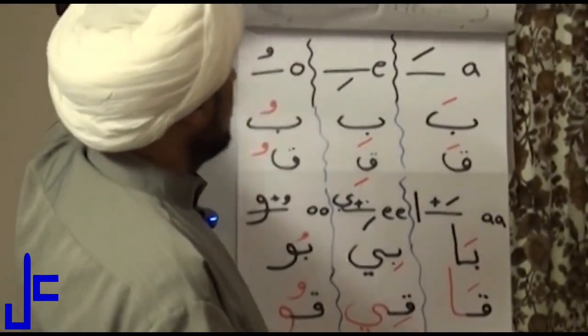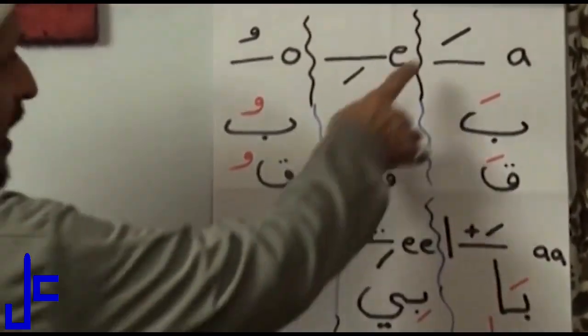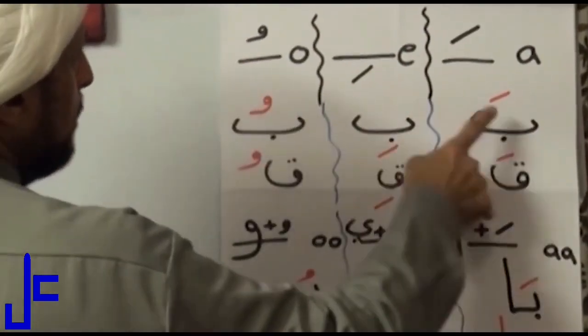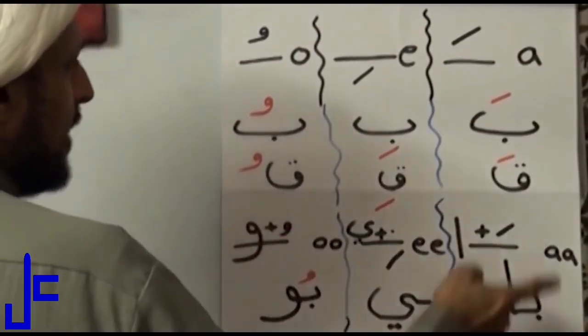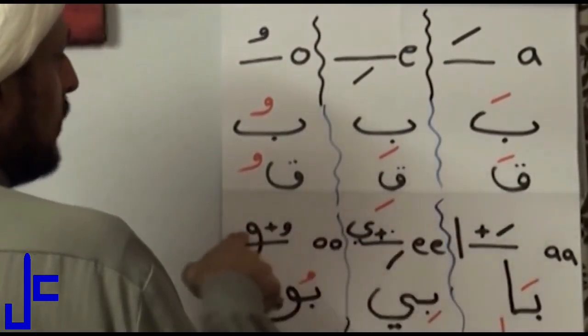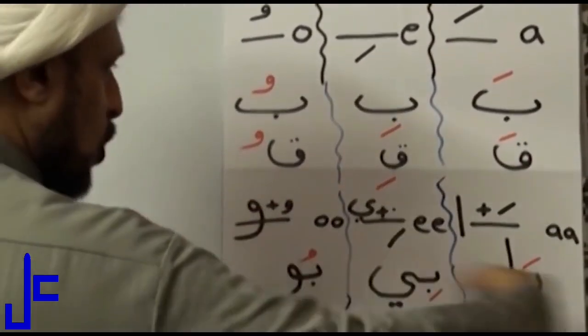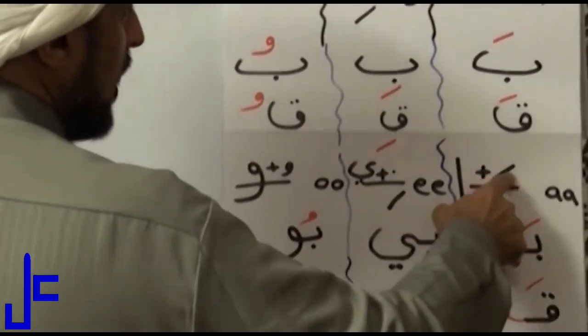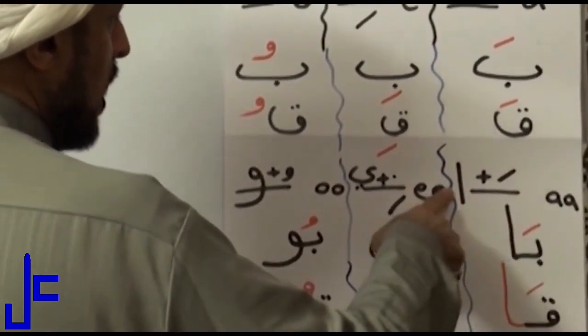And then we started taking signs. We have 3 vowel signs: a, i, u: ba, bi, bu, qa, qi, qu. And then we have 3 vowel letters. With vowel signs, they become longer vowels. Fatha with alif becomes a.